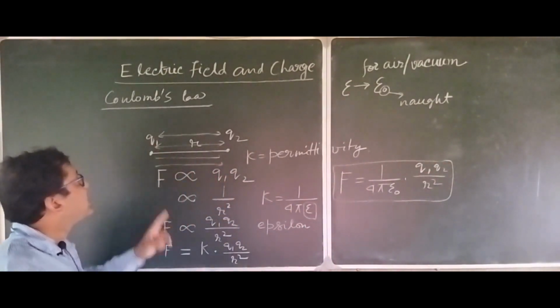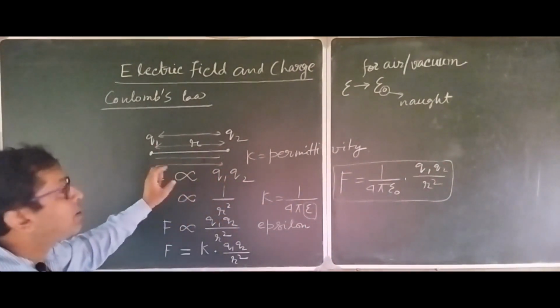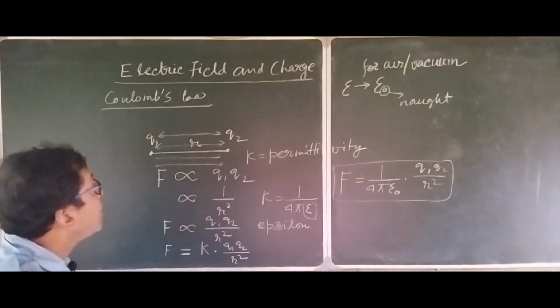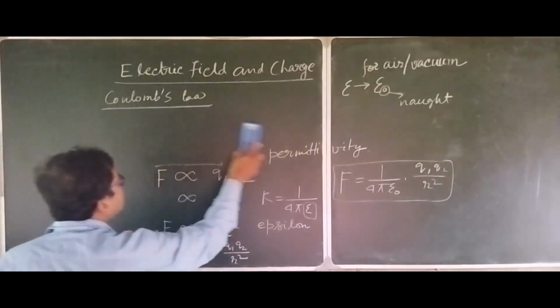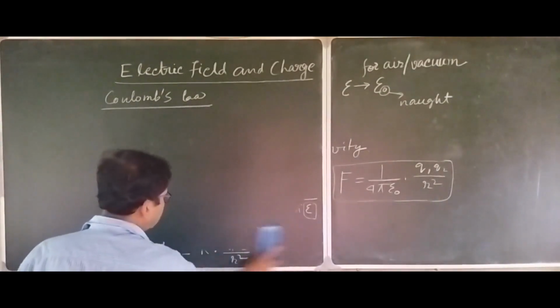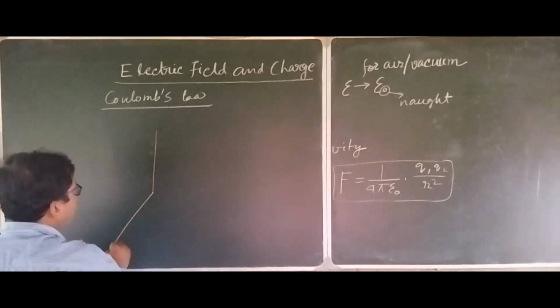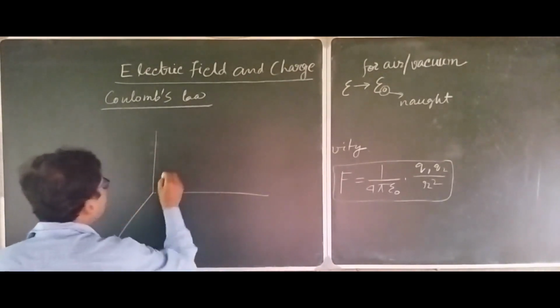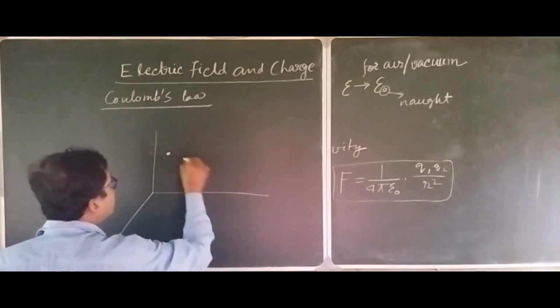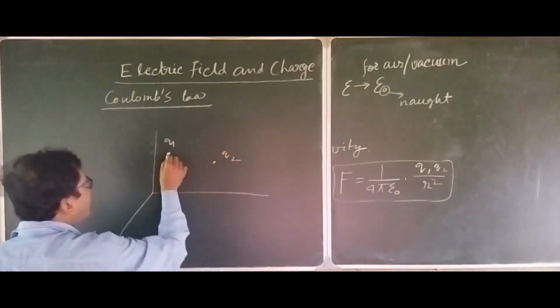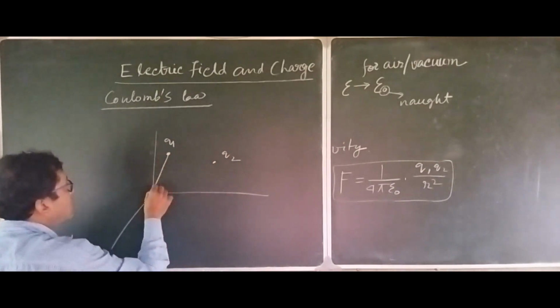Now in this case, these two charges are taken in a plane, in a two-dimensional frame. If these two charges are taken in a three-dimensional space, suppose here is the charge Q1, here is the charge Q2. The position vector of this charge is R1.